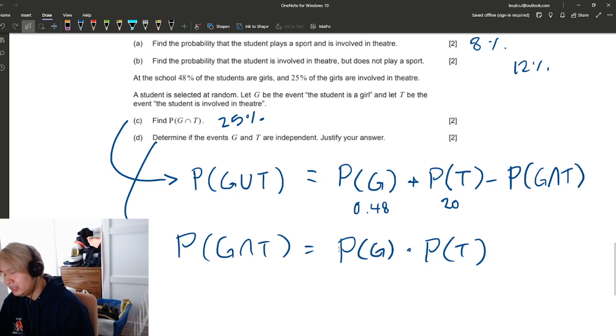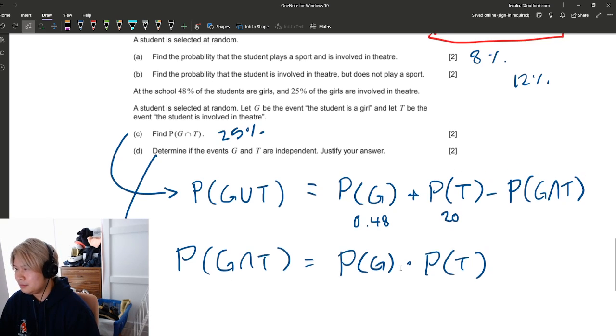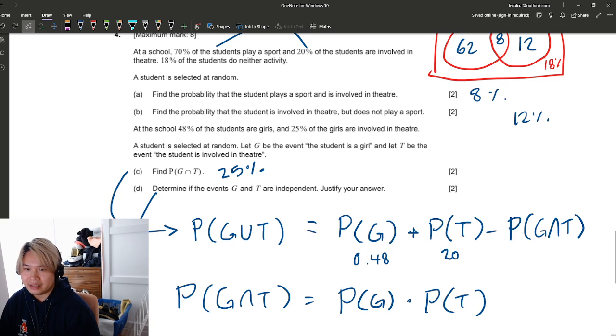And then if they're not equal, then that means that they're not independent. Of course, this does rely on your answer from part C, which is kind of tripping me up right now. But if this is the answer, this is 0.25, that I don't think you get from multiplying 0.48 and 0.2. And then if that isn't the case, that the two are not the same, then it's dependent and it's not independent. This one's weird. I don't know. I'm gonna leave that for now.